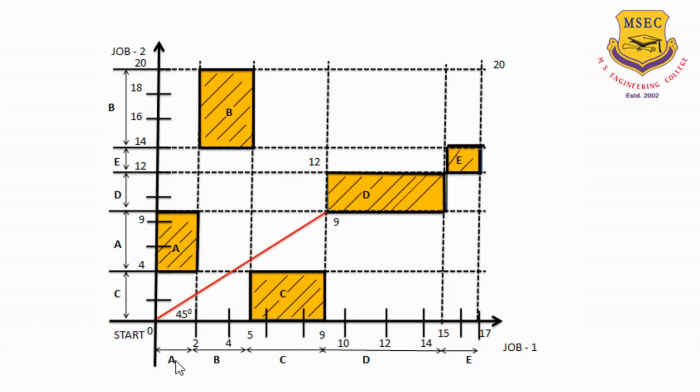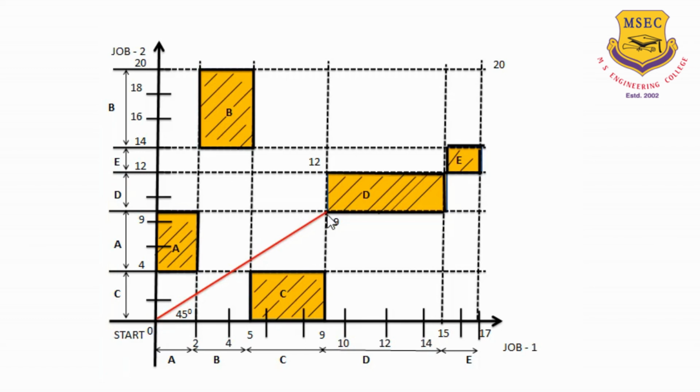That means job 1 can be done on machine A, machine B and machine C continuously. Similarly, job 2 can be done on machine C, machine A continuously up to 9 units of time. So that's what it means when I write a 45-degree line.